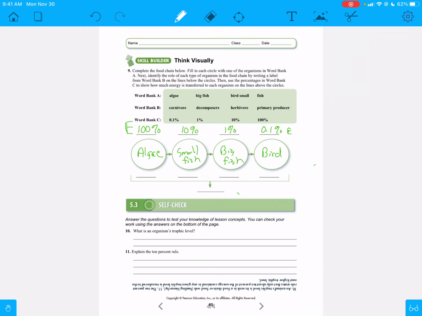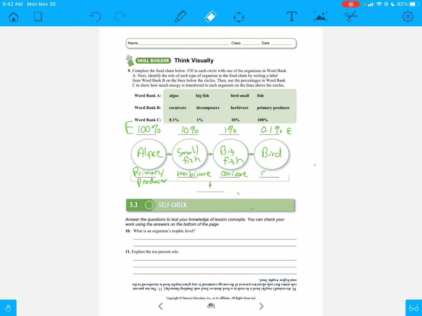And if I were to label these things down at the bottom, this is going to be a primary producer. And then after that, we have an herbivore. And then after that, we have a carnivore. And then after that, we have another carnivore. It's not going to write.